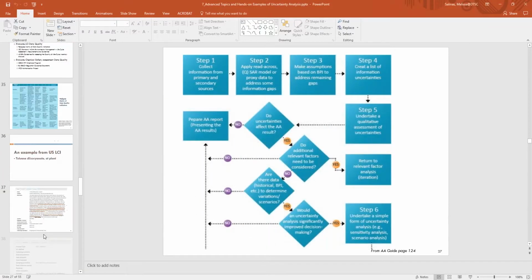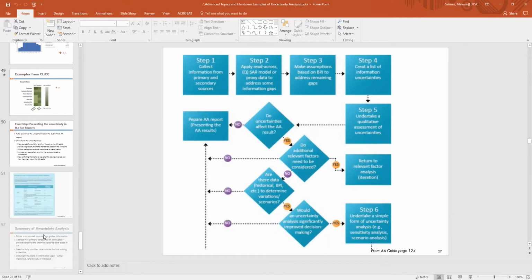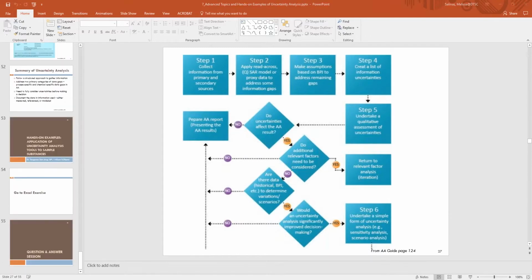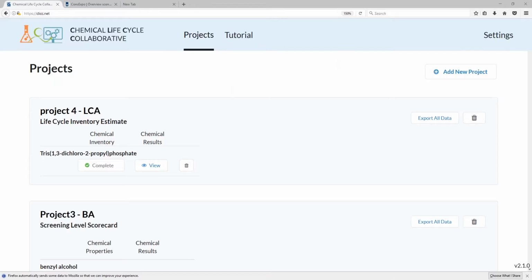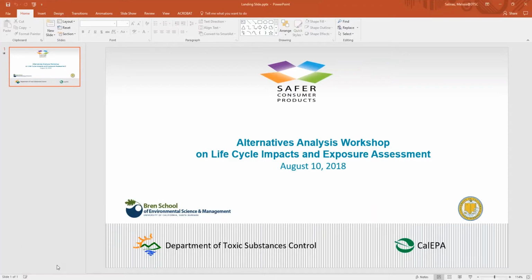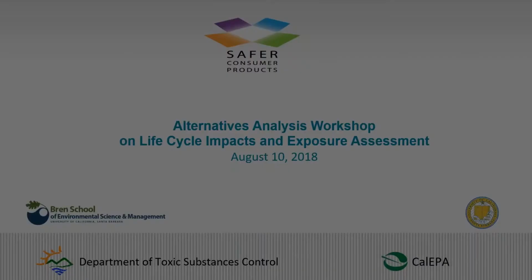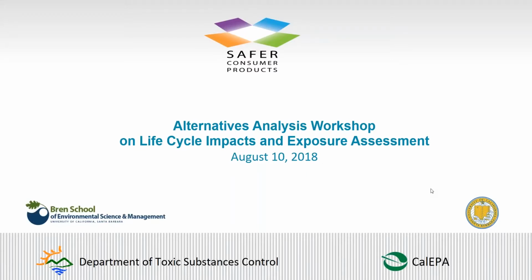Well, the AA guide, if you haven't read it, please do. It's a few pages of really good stuff. It's by design meant to be amended and updated, and we look at that broadly as just one resource. Today's information is another resource.